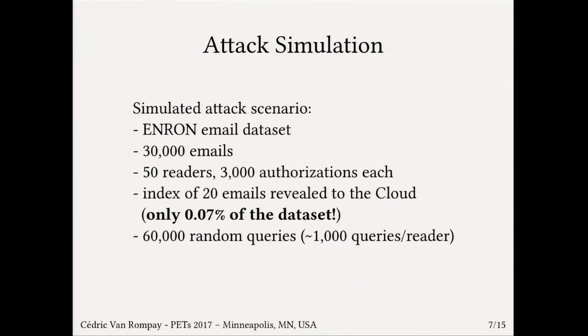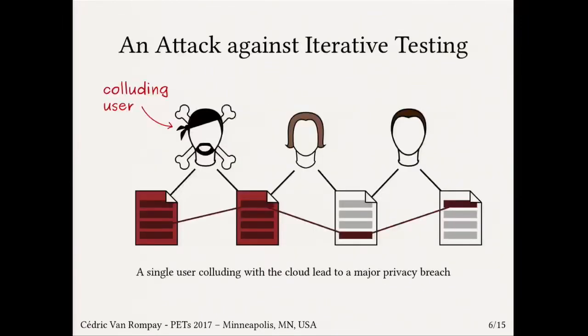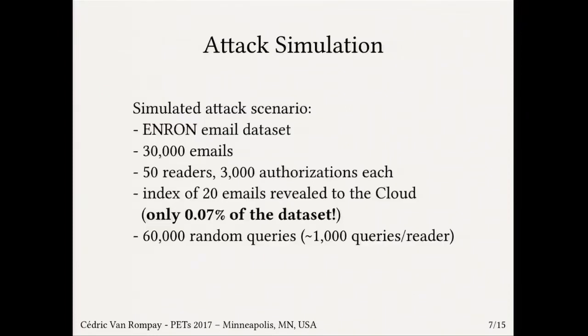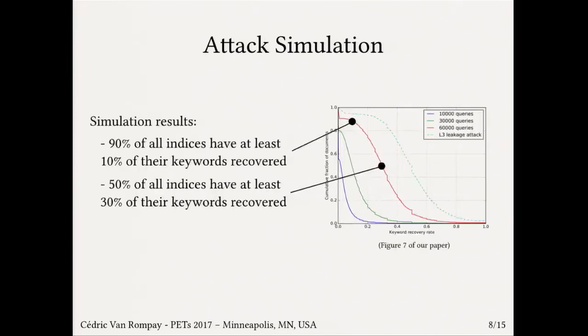We have 30,000 emails, and we give the server access to only 20 of them. They are the red documents here. So this is only 0.07% of the whole data set that we reveal to the server. And then we simulate just legitimate queries, about 1,000 queries per reader.